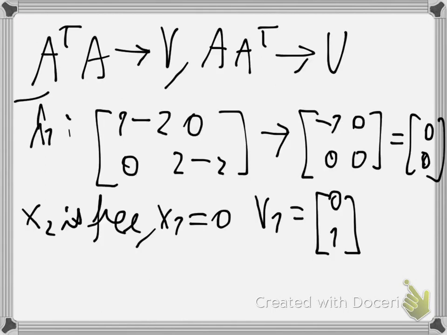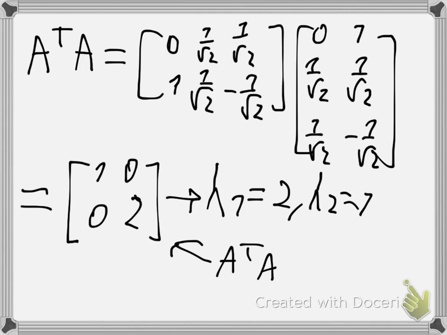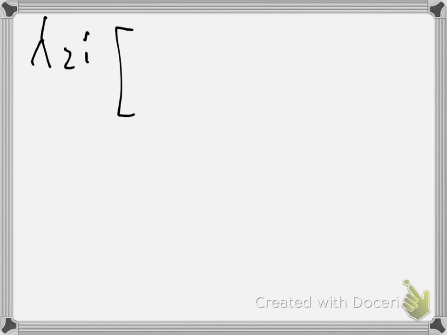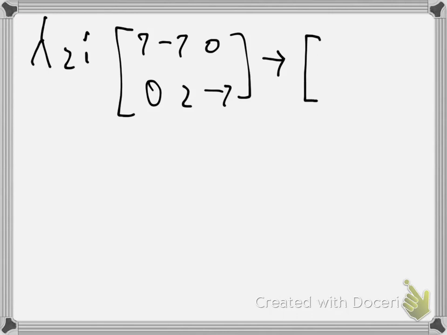Now to find v2, we'll get 1 minus 1, 0, 0, 2 minus 1. Then I will get 0, 0, 0, 1, and that should be equal to 0.